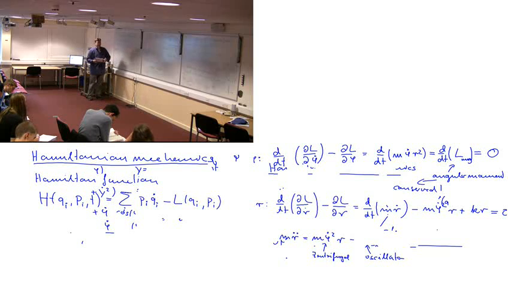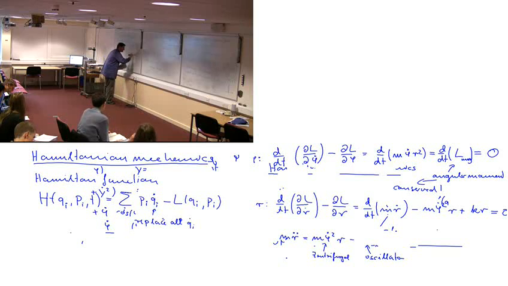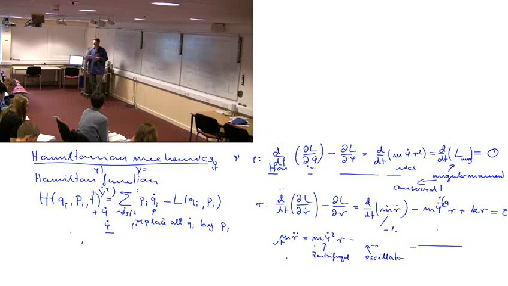But the important point is, in the Lagrange function, and also here, the important point is to replace all these velocities by these momenta. By the momenta. And of course, to do that, we need to know what the momenta actually are.